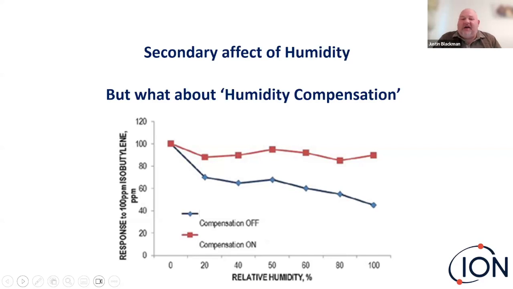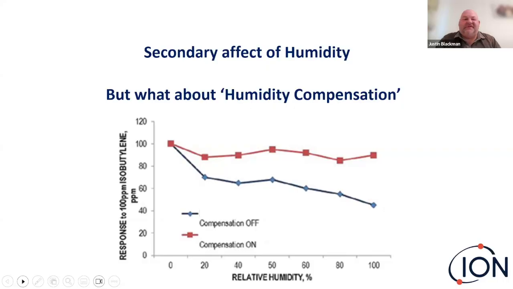And they tell you themselves that if you turn humidity compensation on, it won't be perfect, but you might get back to somewhere around a 10, 15% drop in signal. So are those claims true?